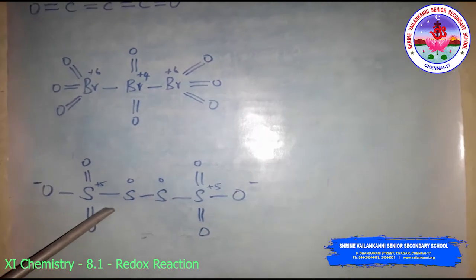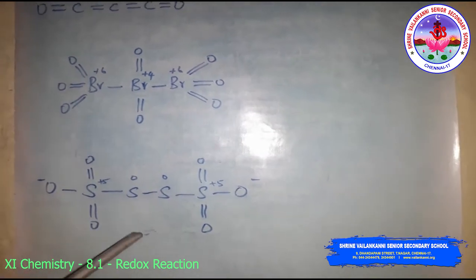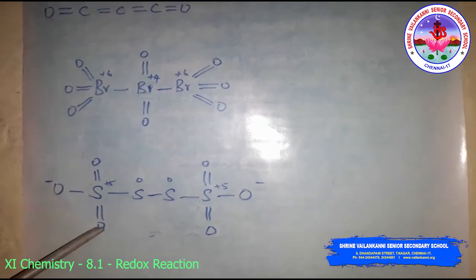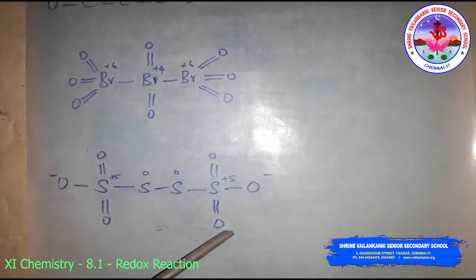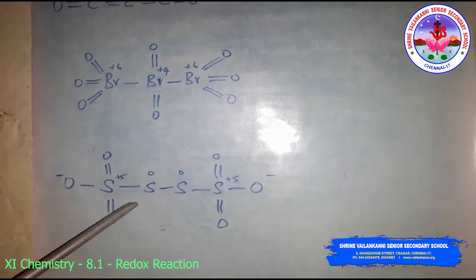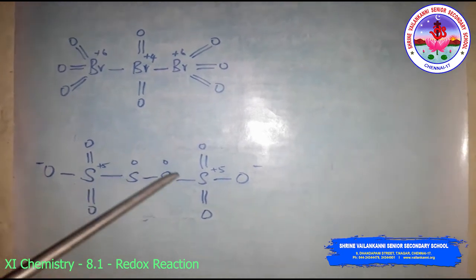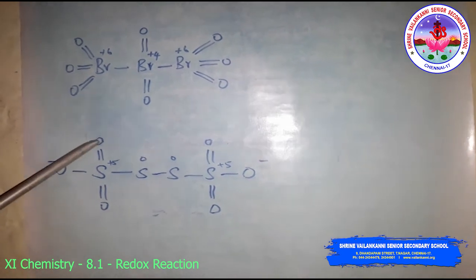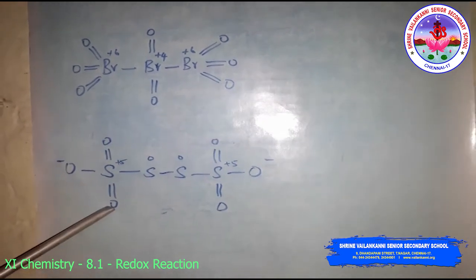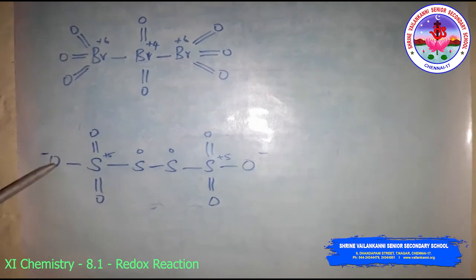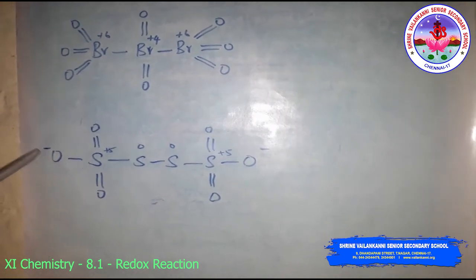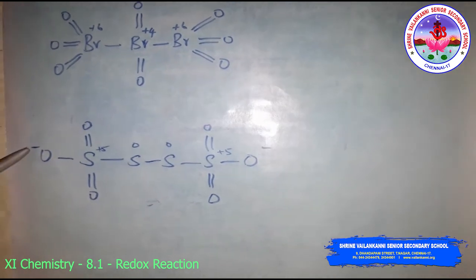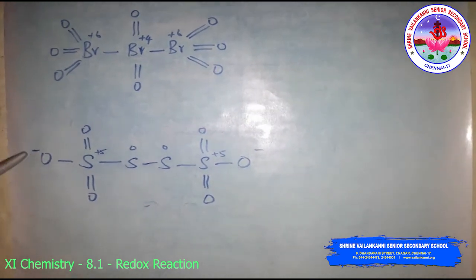Then look at this, this is the tetrathionate ion. So here the sulfur is connected with 3 oxygen, and in this sulfur also connected with 3 oxygen, here no oxygen. So here the oxidation state is 0 for this, just put 0, and look at this, this has minus 2 and this has minus 2. So here one oxygen is minus 1 valency, so minus 1, minus 2, minus 2, minus 1 will become minus 5.